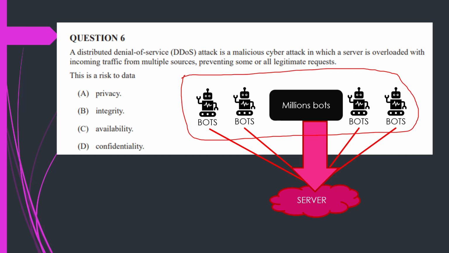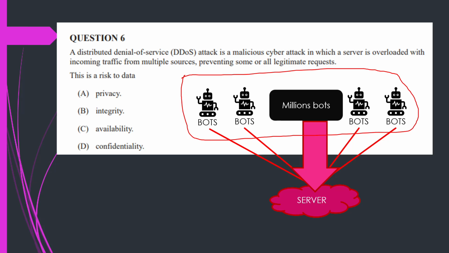But when your computer gets hacked, what they do is install what they call robots, or bots. And if they impact millions of computers, with a single command they can tell the bots to make fake requests to the server.